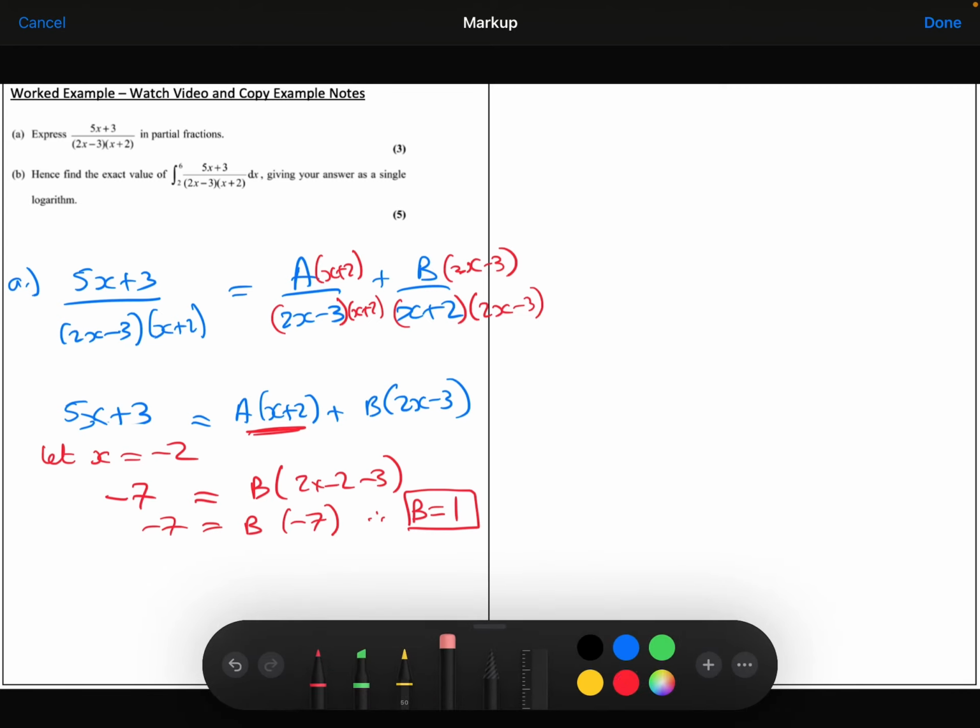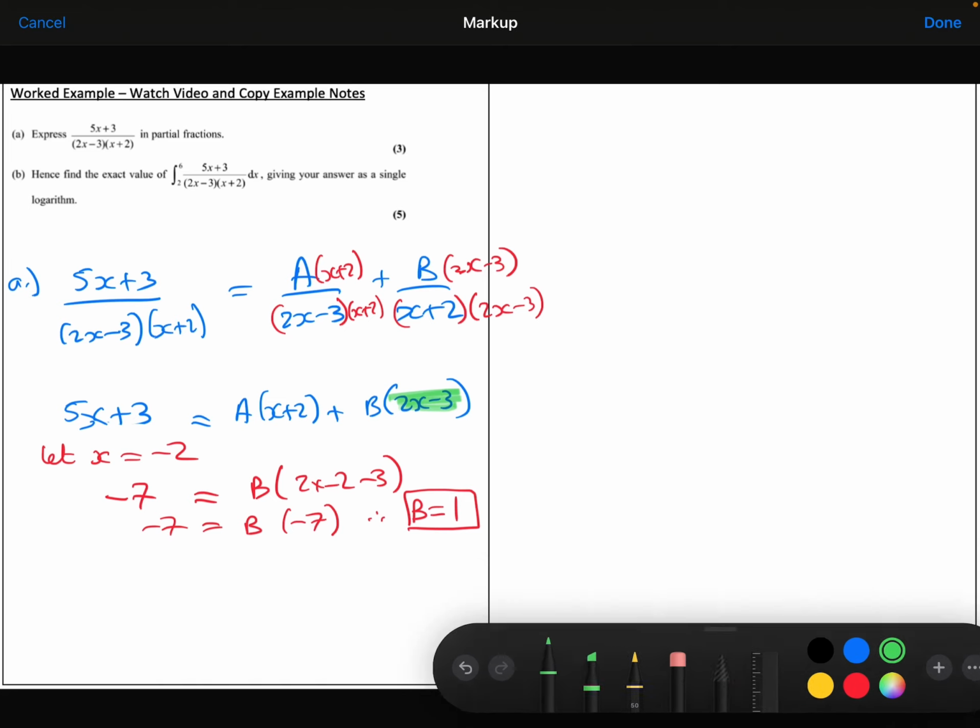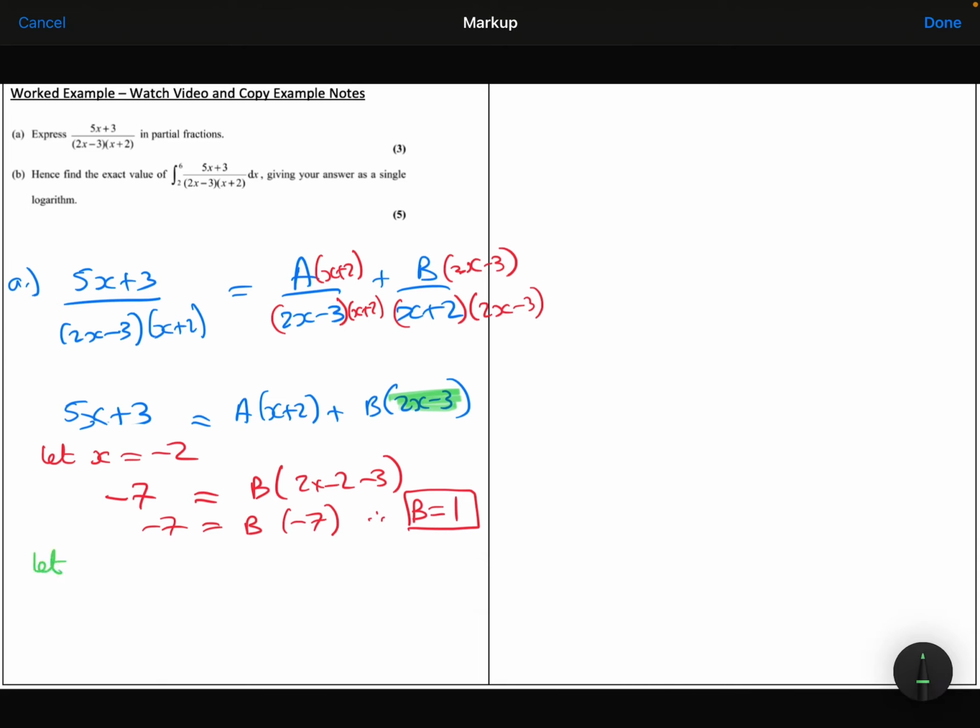Now to work out the A term, I focus on what makes this bit become 0, and I see that I'm going to let x equal 3 over 2. If I substitute that into the left-hand side, 5 times 3 over 2 is 15 over 2, plus the 3 is 21 over 2.